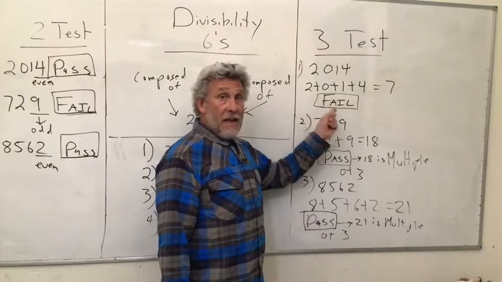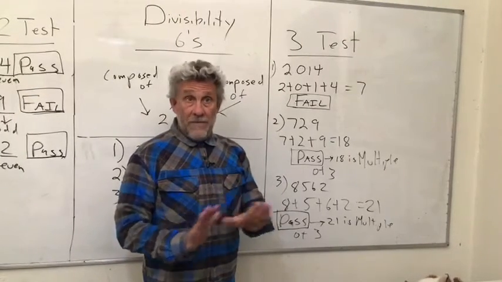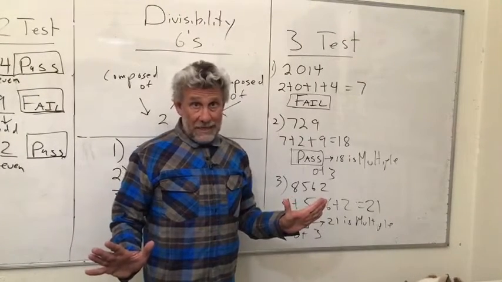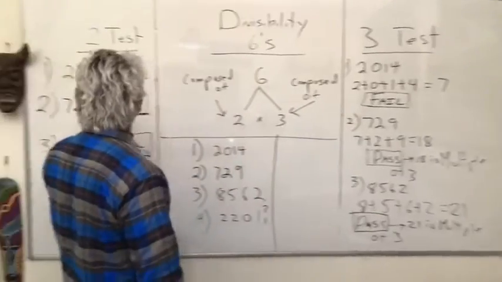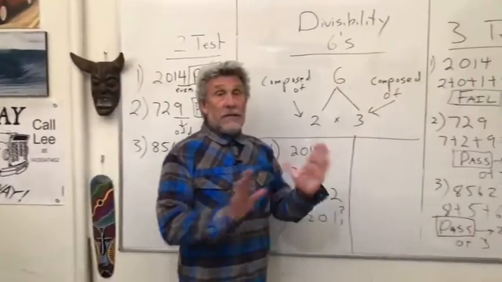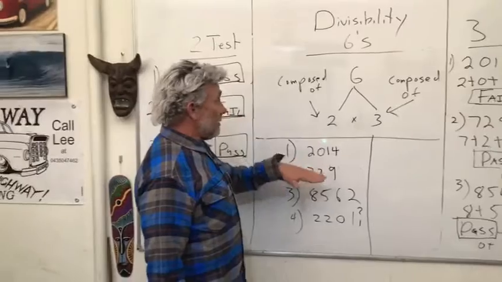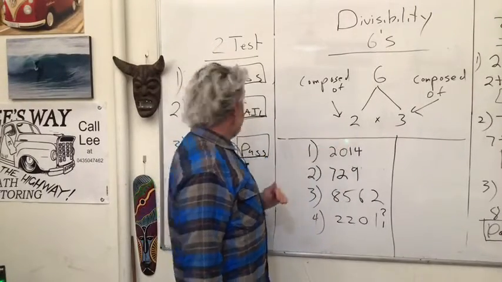Therefore, it fails. So if it fails one test, it fails the whole divisibility test. So this one passed the 2's, but failed the 3's. It's a fail. So 2014 is a fail. 6 does not divide into it.